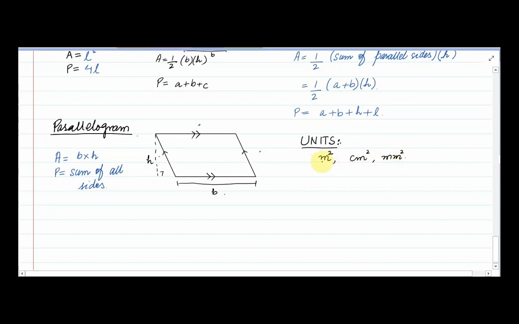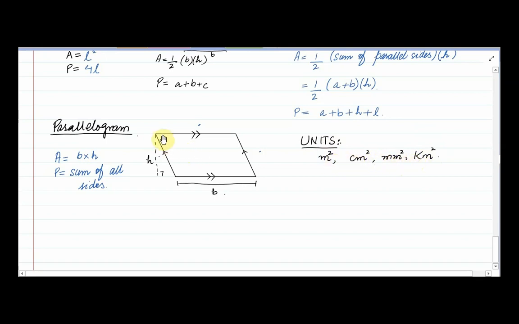These are all the units of area, or it may be kilometer square, that is also area. You can observe that in area we have a power of 2. That means there are two lengths which multiplied give you the value of area. Now you can apply the strategy in all the shapes.